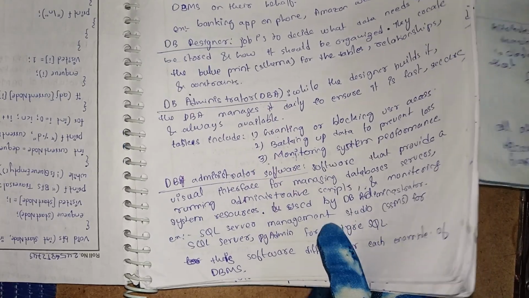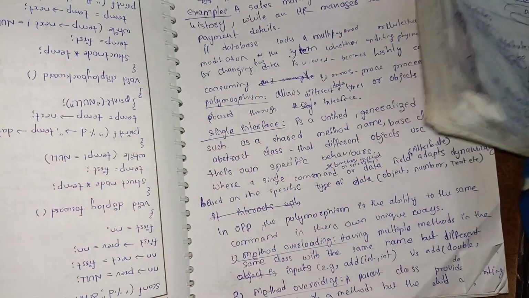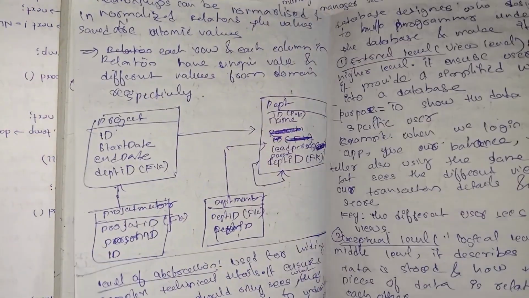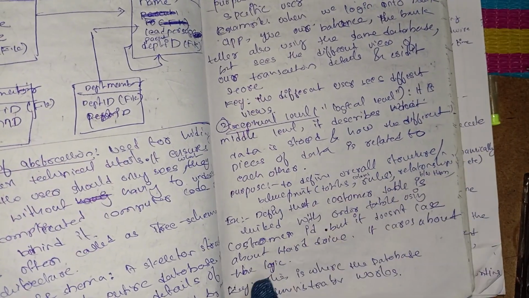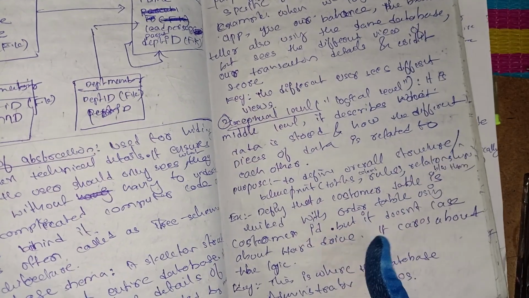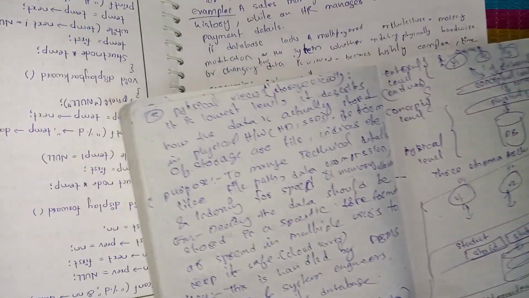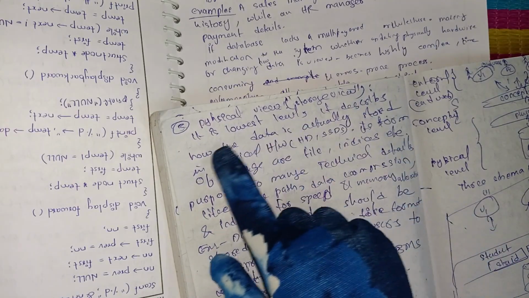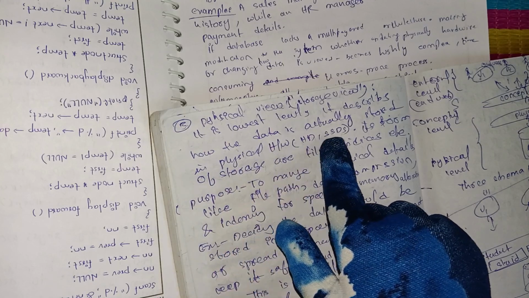So this is where the database administrator works. Who the database administrator is, I have explained now. And then the physical view, which is also called storage view. It is the lowest level. It describes how the data is actually stored in physical hardware, hard disks, SSDs.